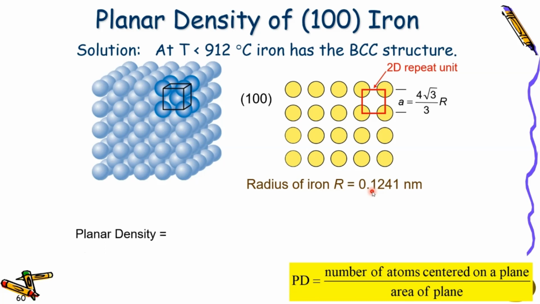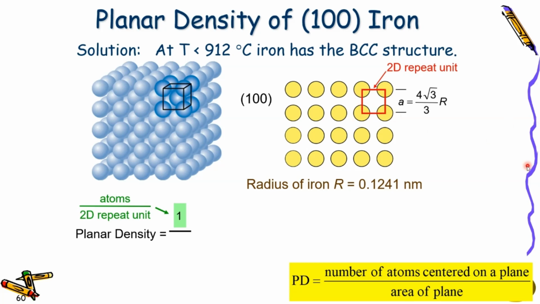So planar density is what? It is how many atoms in this plane? 1, right? 1. Okay. It's atoms per 2-dimensional repeat unit. So in the bottom, that means if you have a power 2, right?